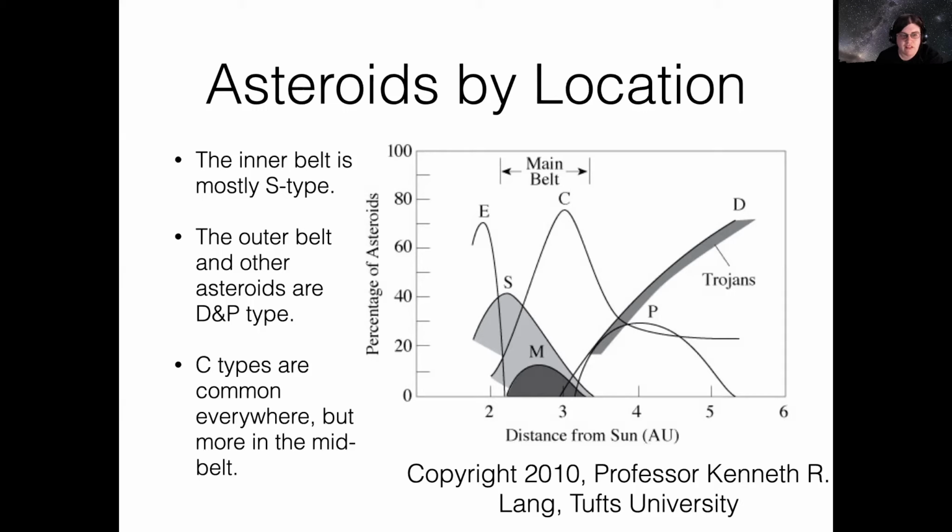And C-types are reasonably common everywhere. They're more common in the mid-belt than anything else by numbers. You can find M-types throughout the asteroid belt. They're not very common. And E-types seem to be in a very particular zone between the main belt and Mars. It might suggest that there were only a few E-type parent bodies, or there's something else really peculiar about them.